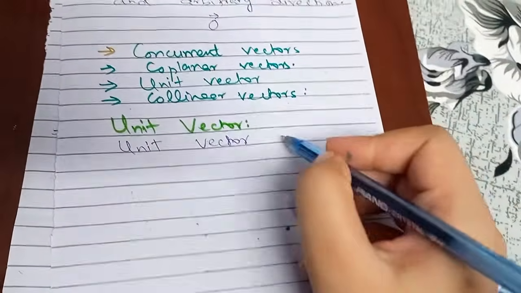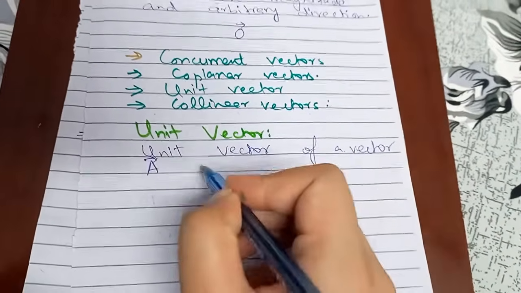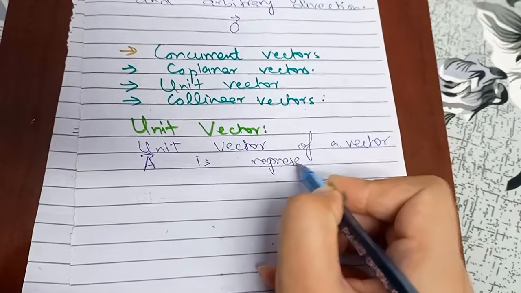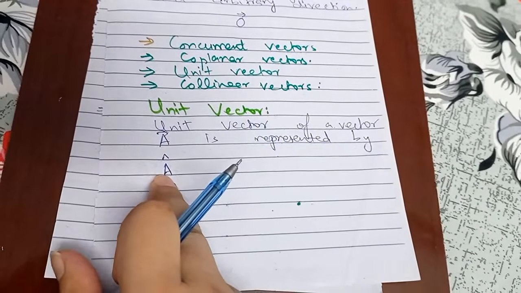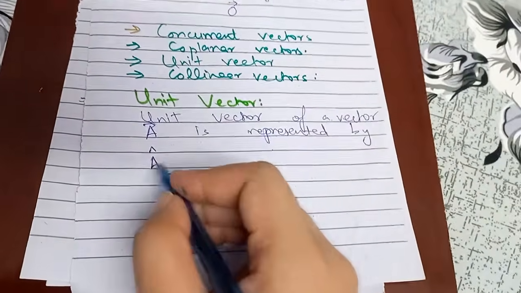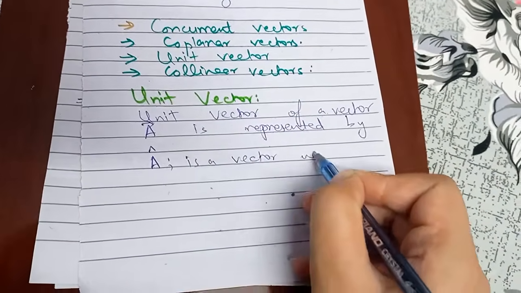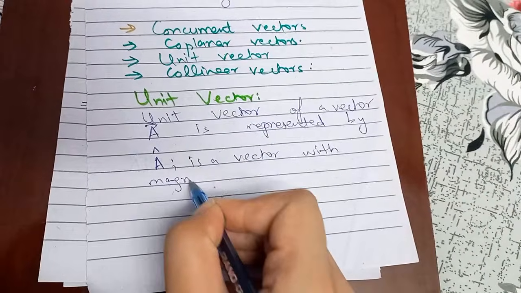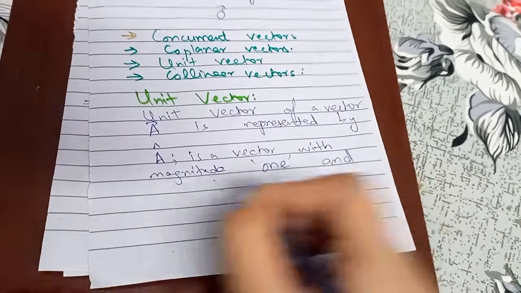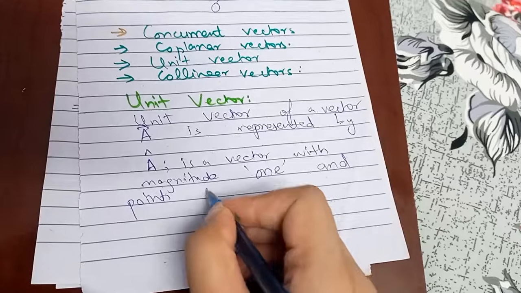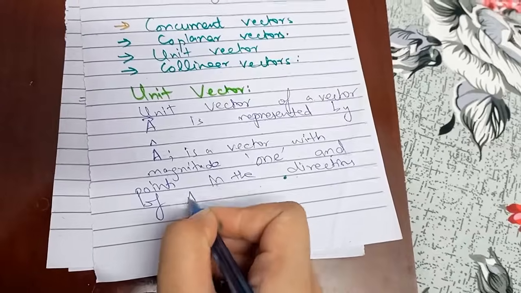Unit vector of a vector, let's say A, is represented by A with a hat over it. A hat shows that it is the unit vector of this vector. It is a vector with magnitude 1 and points in the direction of A vector.